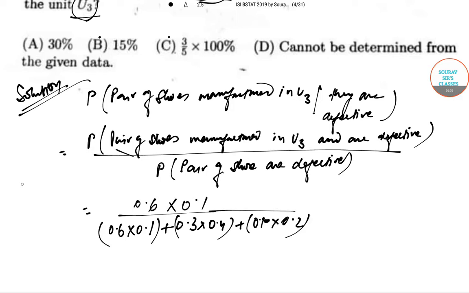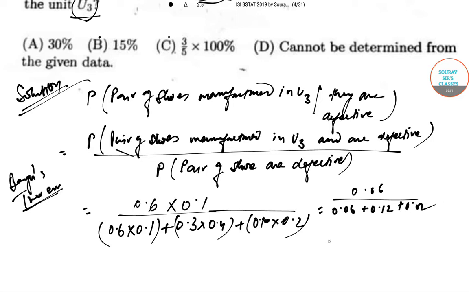This is the formula of Bayes theorem, an important theorem in statistics. Now we solve it: 0.06 by 0.06 plus 0.12 plus 0.02, and on solving we get 6 by 20, which is equal to 3 by 10. This is the probability.